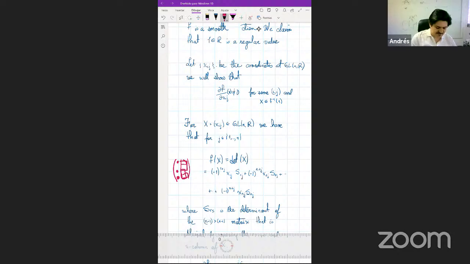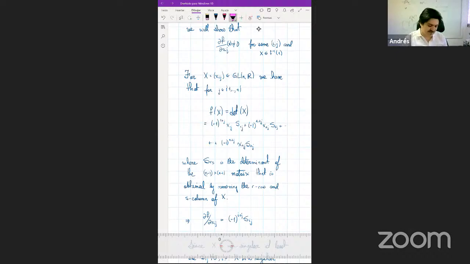So these entries only enter once in that formula. That's very important to keep in mind once we take the derivative.